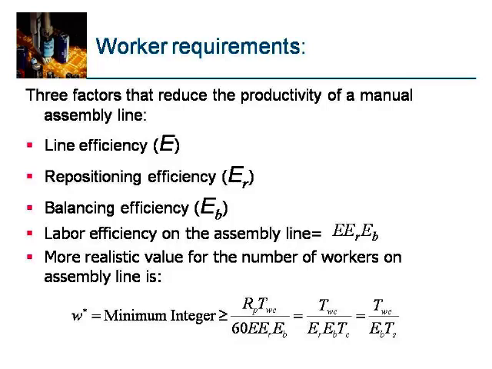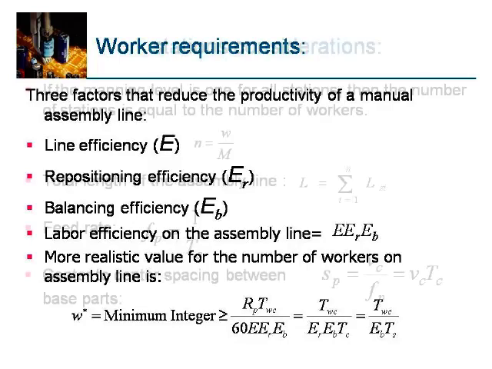A more realistic value for the number of workers on the assembly line is a minimum integer W star, which is greater than or equal to RP into TWC divided by 60 E ER EB, or TWC divided by E ER EB TC, or TWC divided by EB and TS.